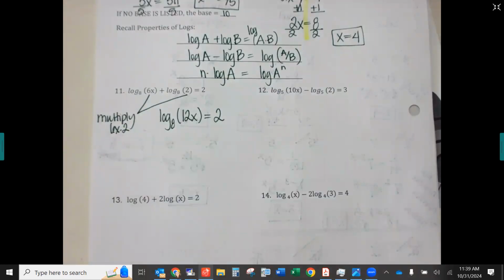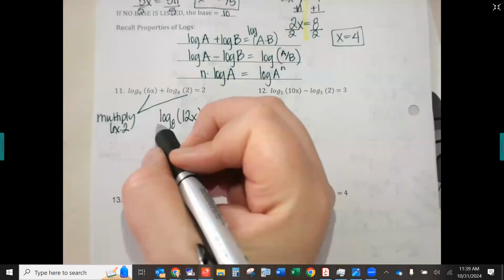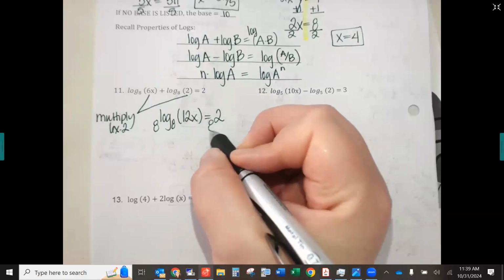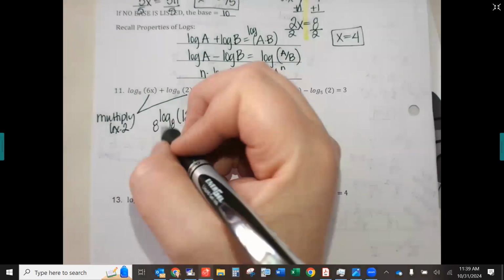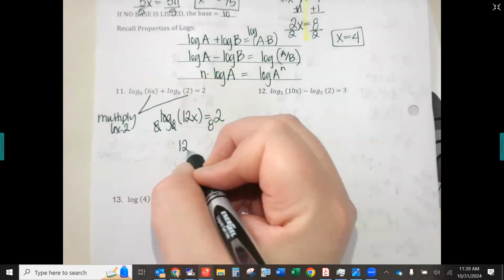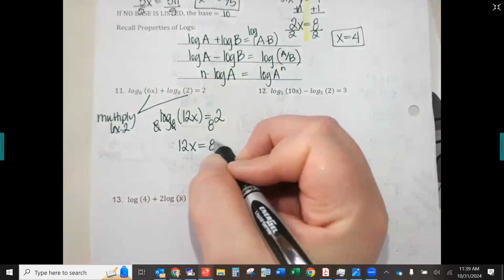Now that I just have 1 log on this side, how do I get rid of a log little 8? Use a big 8 on both sides. Then remember that your log little 8 and your big 8 are going to cross out. You have 12x equals 8 squared.